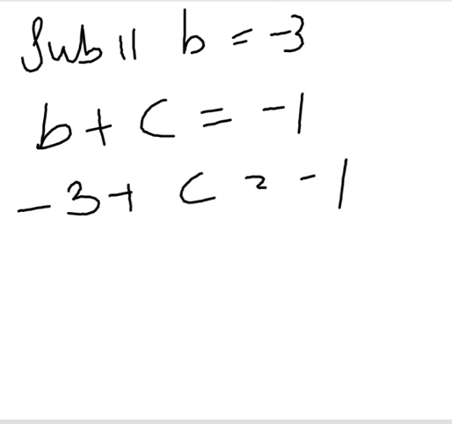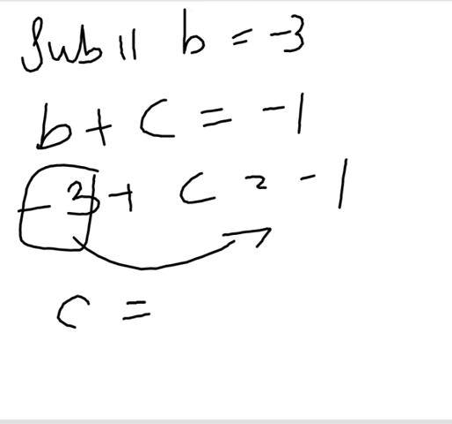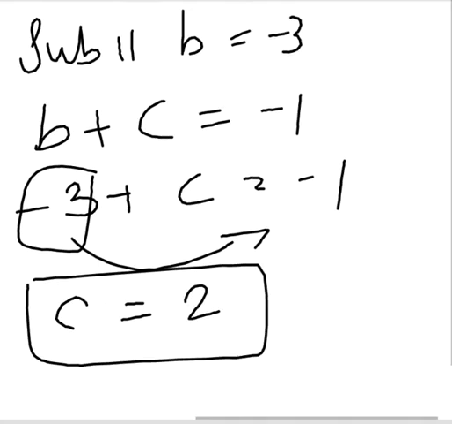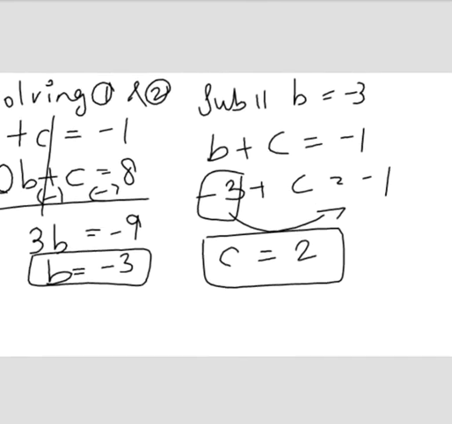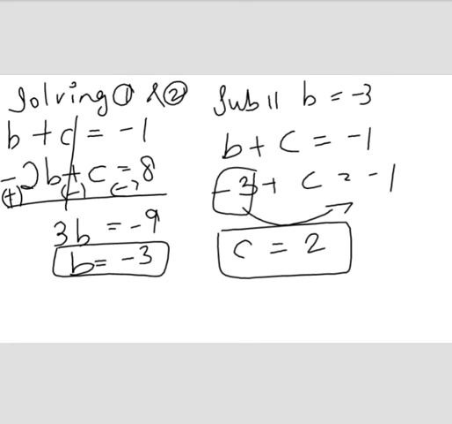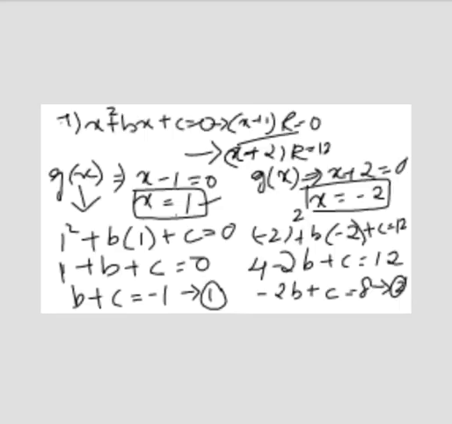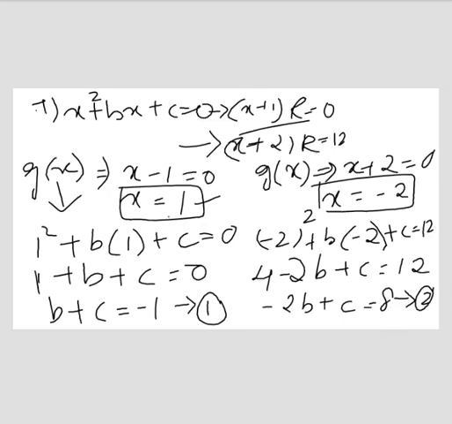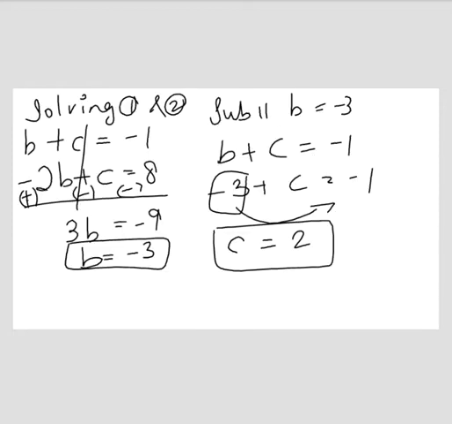Then minus 3 goes to RHS and becomes plus 3. So 3 minus 1 is 2. Finally we found both values: b is minus 3 and c is 2. I'll show the full solution once. For the seventh one, first we got the equations, then we solved both equations and got the values of b and c.